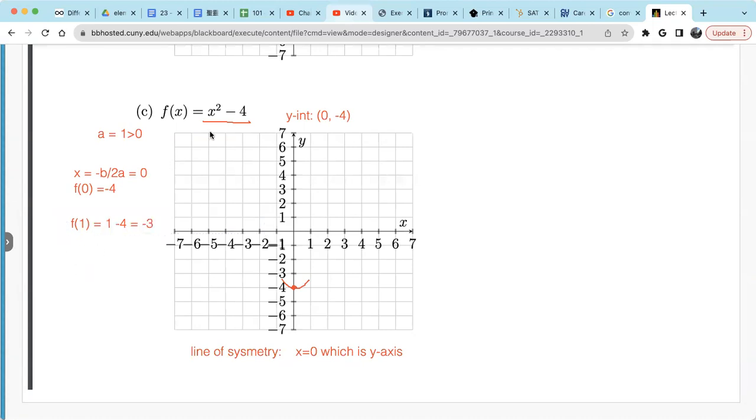So I get one more point: x value is 1, y value is -3. Let's graph this point, (1, -3), right here. By symmetry, I know I have another point here.